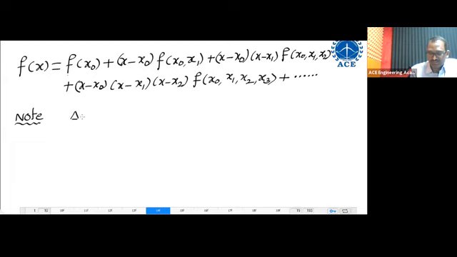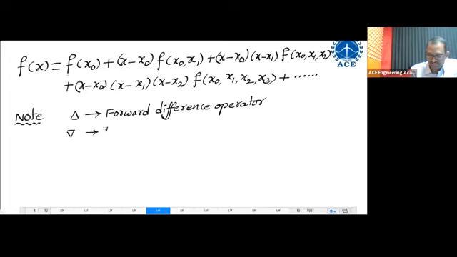First of all, remember this is the forward difference operator.